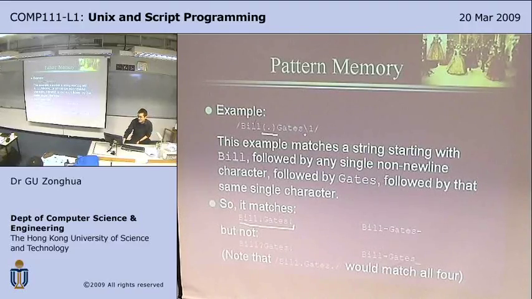So when you do this \1, it means match the exact same thing you saw before in the first parenthesis. So if there's an exclamation mark here, you must have an exclamation mark at the end. If you have a dash here, you must have a dash at the end. But not different. If you say this, it doesn't match, and this doesn't match, because these two are different characters.